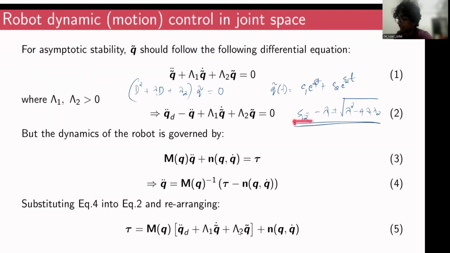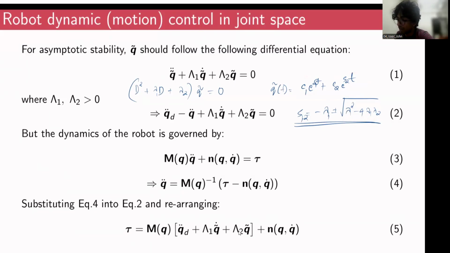So for this s1 and s2 to be negative, lambda 1 and lambda 2 have to be positive. In that case, if s1 and s2 become negative, as you can see, as time tends to infinity, this term would tend to 0, right?